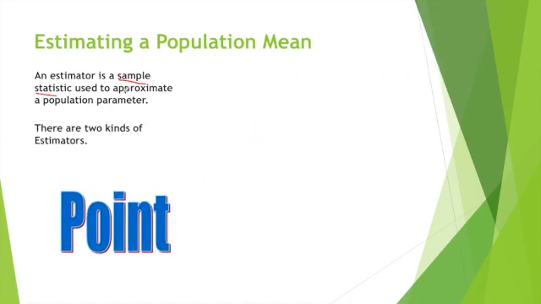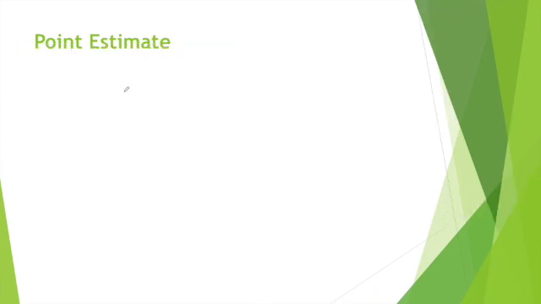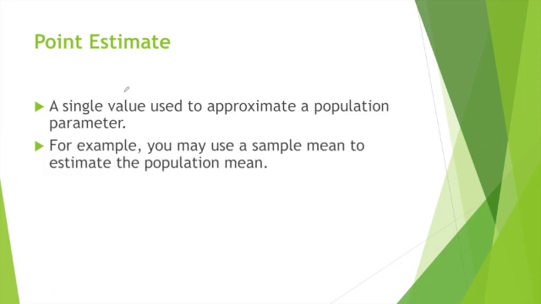There are two kinds of estimators: point estimation and interval estimation. A point estimate is when we use a single value to approximate a population parameter. This is when we would use the sample mean to estimate the population mean.